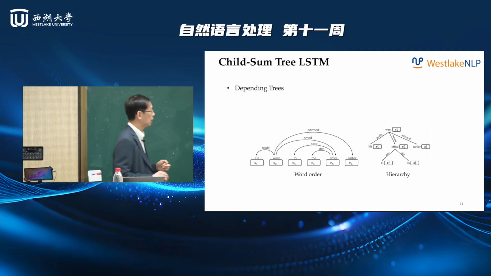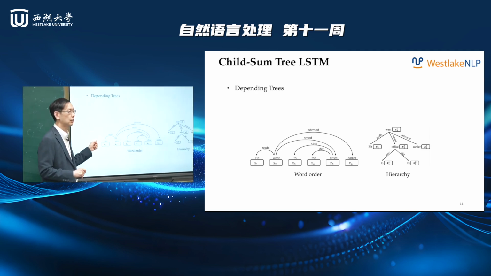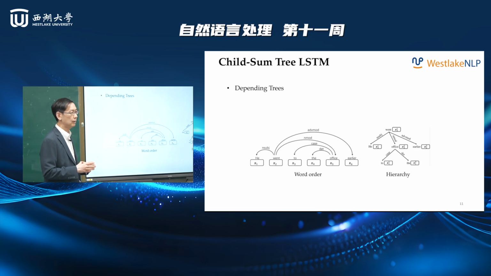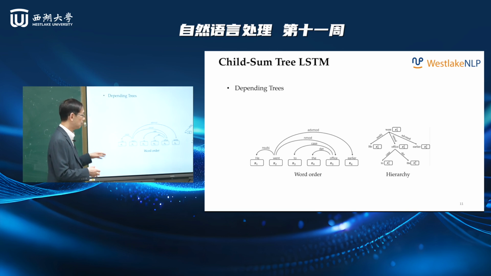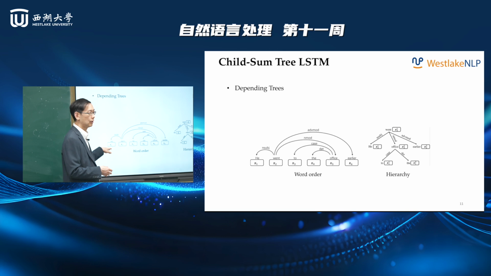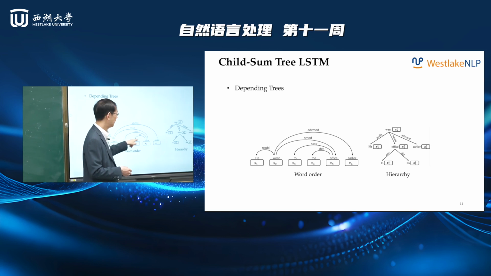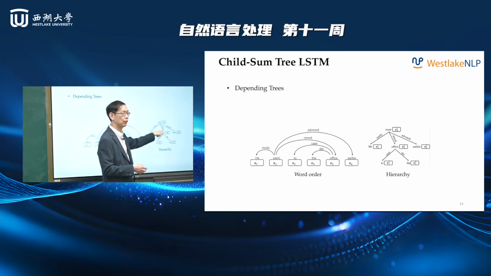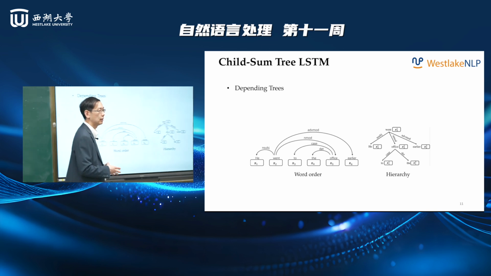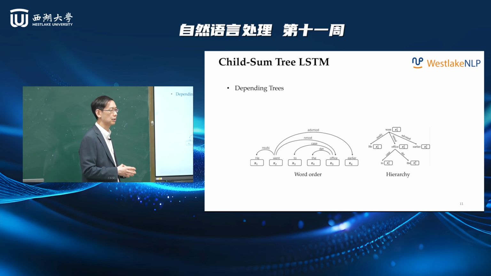For example, if you give me a dependency tree, here I use dependency trees to illustrate. Then we need to change it a little bit, okay? Rather than placing things in word order, I need to take the root of the tree and let different subnodes form a hierarchy like this, so that we can have the layer structure.